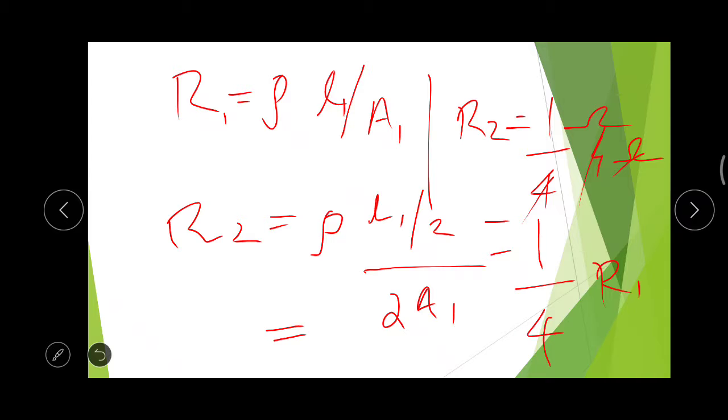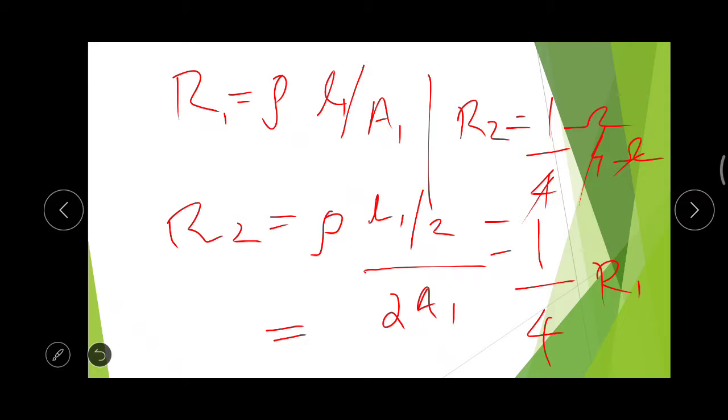So that means we have decreased the length to half of the first one and increased the cross sectional area by double, 2 times of the first case. But the material with which that wire is formed is the same in both cases, so the rho value will remain the same.